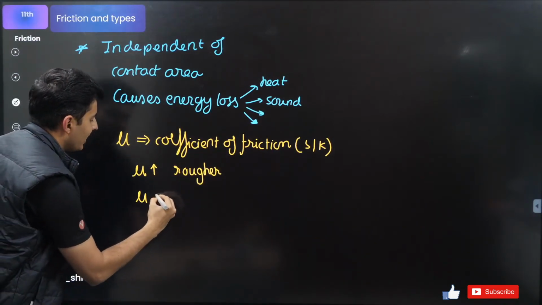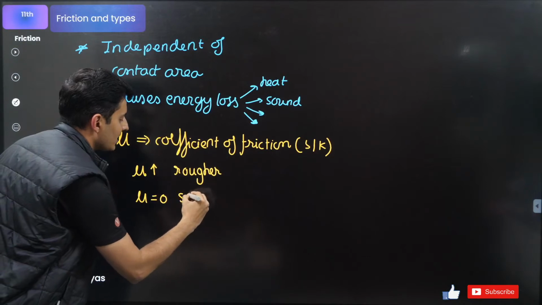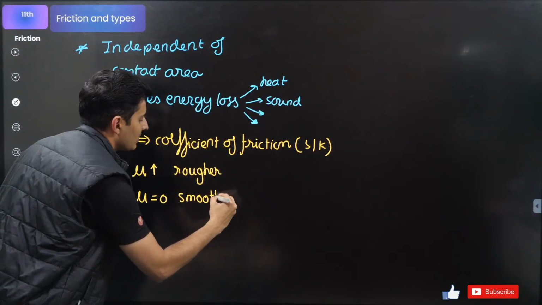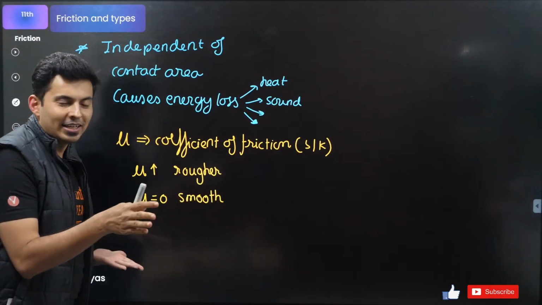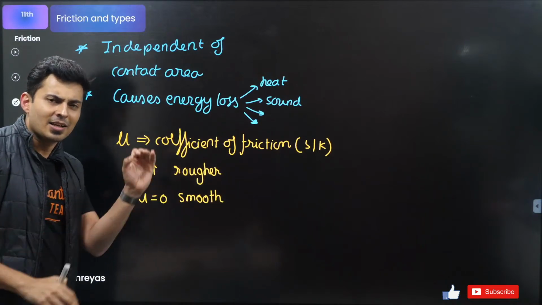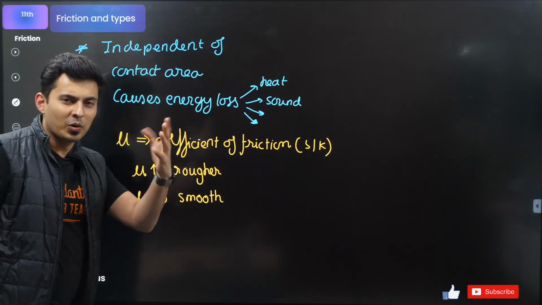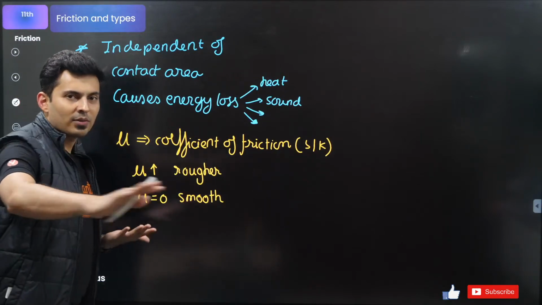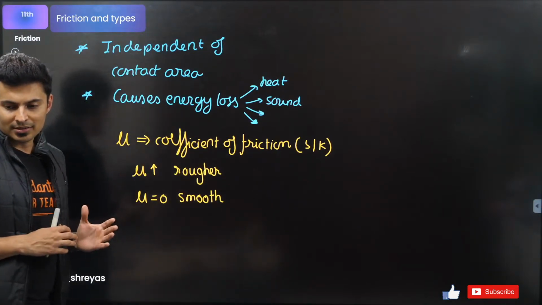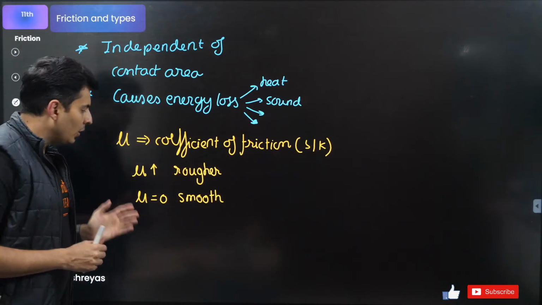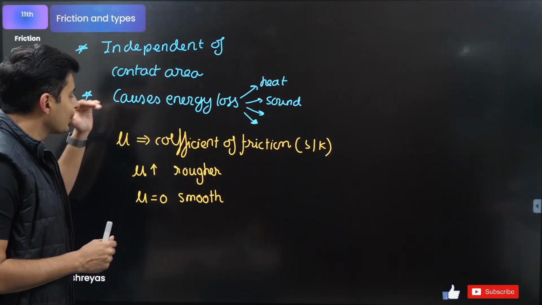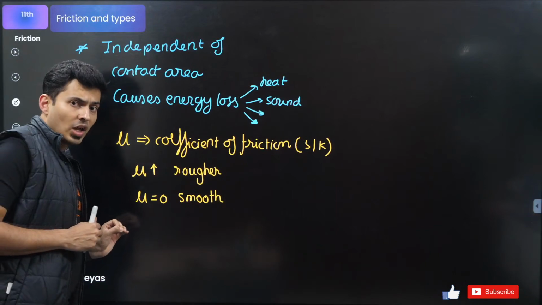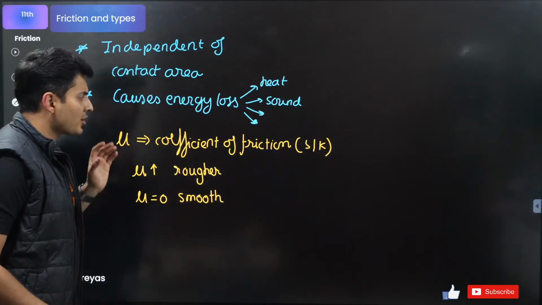If mu is 0, then it means it is a perfectly smooth surface. You hardly encounter any resistance. Just like in ice, coefficient of friction will be 0.0 something. Very, very small value. Or if it is 0, it is perfectly smooth. That's what it is. Okay? I hope this is clear, my dear students. So mu is higher, it is rougher. Mu is 0, it is very, very smooth.